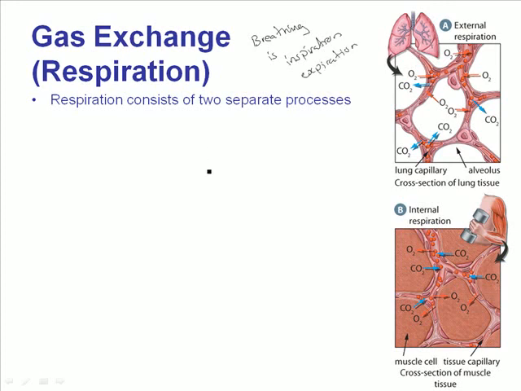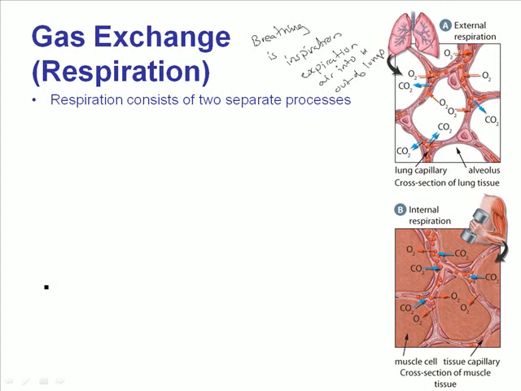It's simply the motion of the muscles. It's air into and out of our lungs. Respiration is something different. Respiration is the exchange of gases between our alveoli and our blood, and between body cells and our blood.